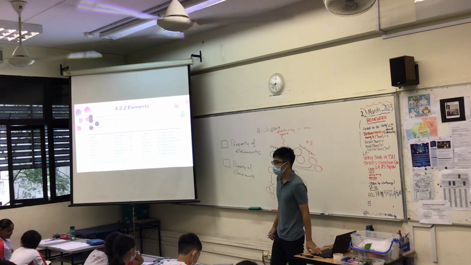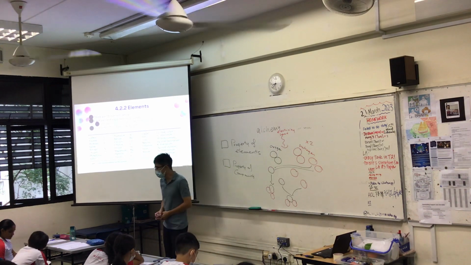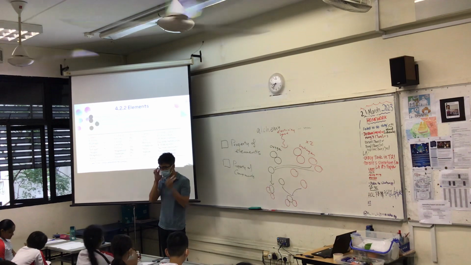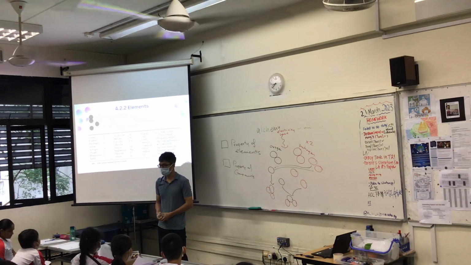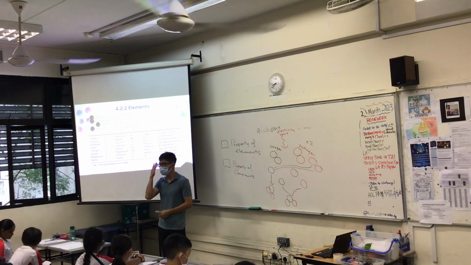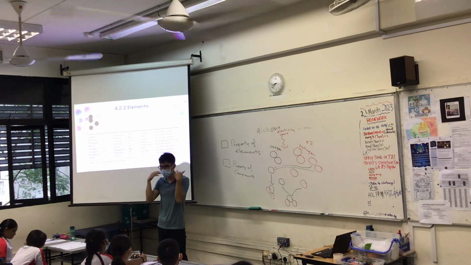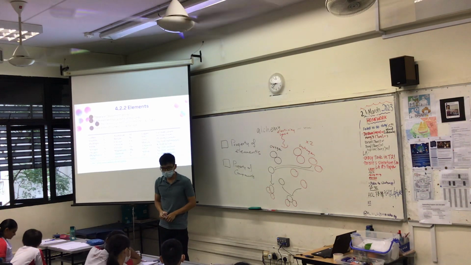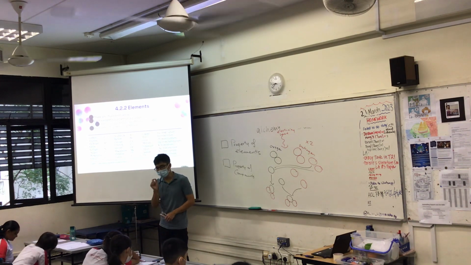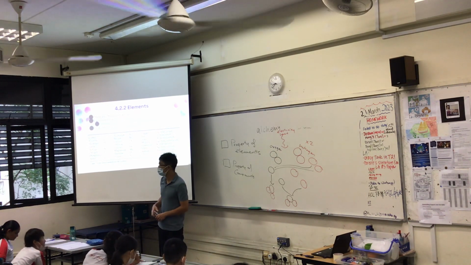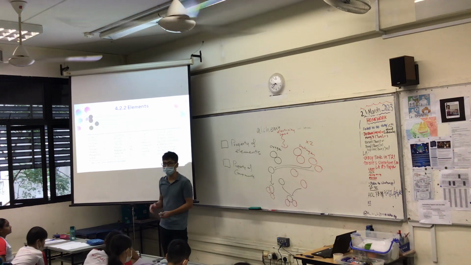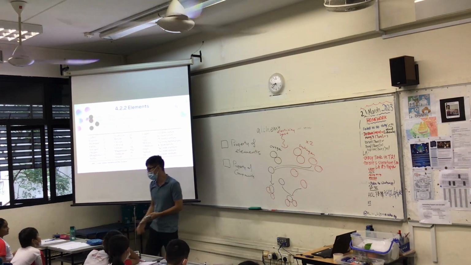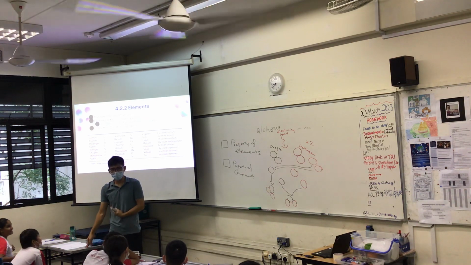Eventually, if you look at your periodic table, potassium is K. If you look at your periodic table, there are actually 118 different elements that we know of so far. If you find another element, please let me know.